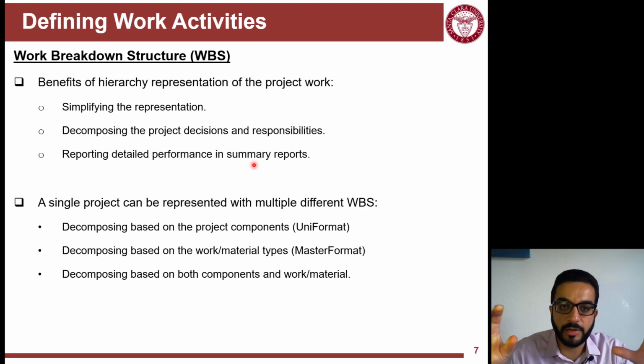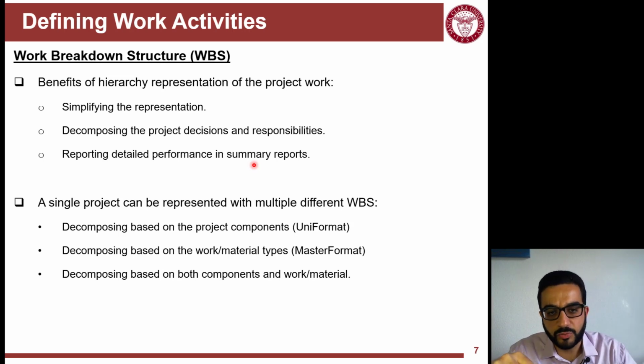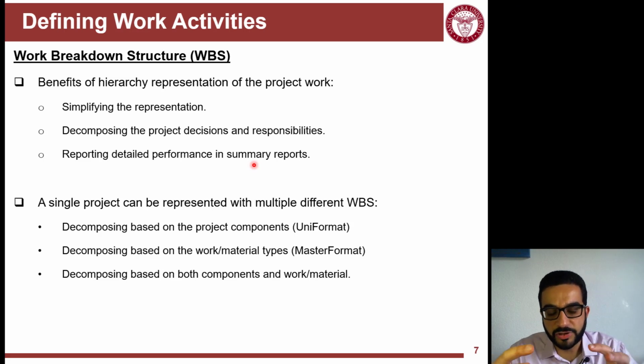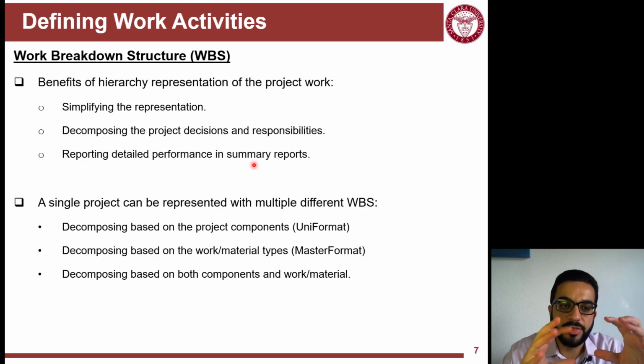So instead of breaking it by substructure, superstructure, I can say Division 1 general requirements, Division 2, Division 3 concrete, and keep going by divisions, the type of work that will be done in the project, as a way of lumping them together. So if I'm a sub responsible for the concrete, or my expertise is in concrete, then I will be just focusing on that block called concrete.